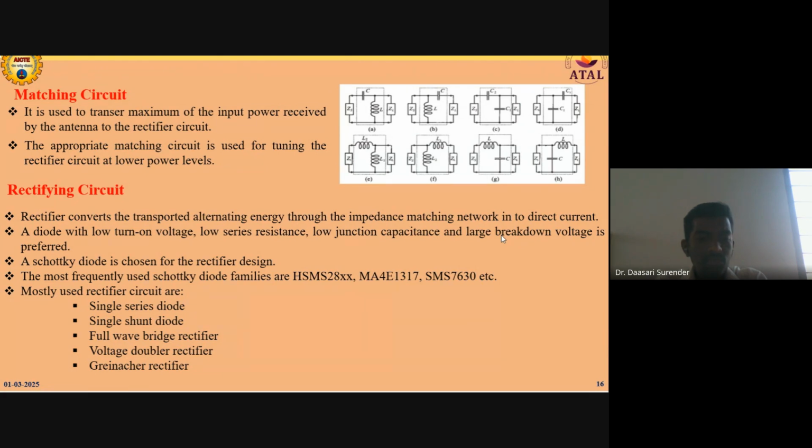The most frequently used Schottky diode families are HSMS 28XX, meaning 2860, 2820, and 2850. We generally use these for the rectifying circuit, along with MA4E1317 and SMS 7630, etc. Mostly used rectifying circuits are single series diode, single shunt diode, full wave bridge rectifier, voltage doubler rectifier, and Greinacher rectifier circuit.